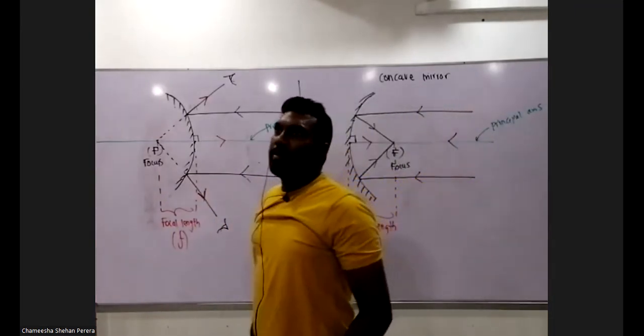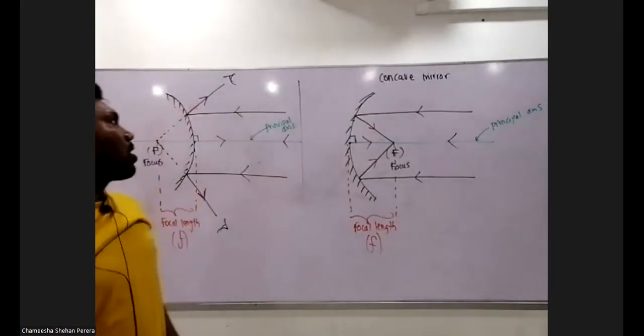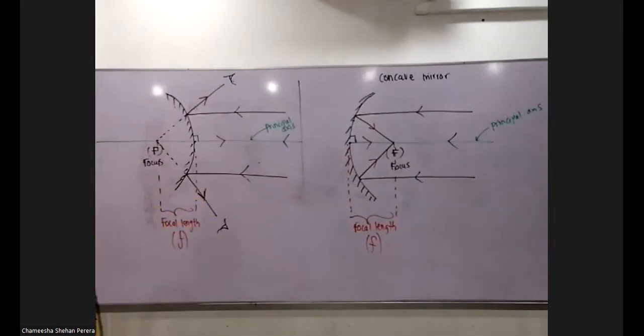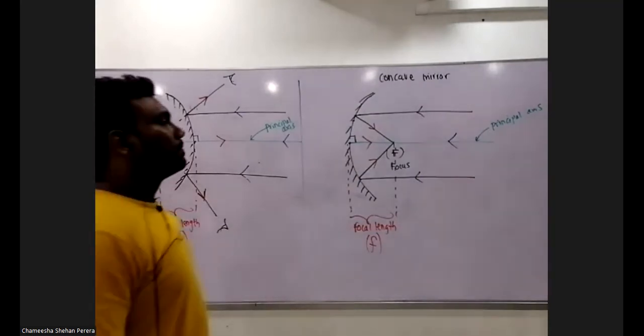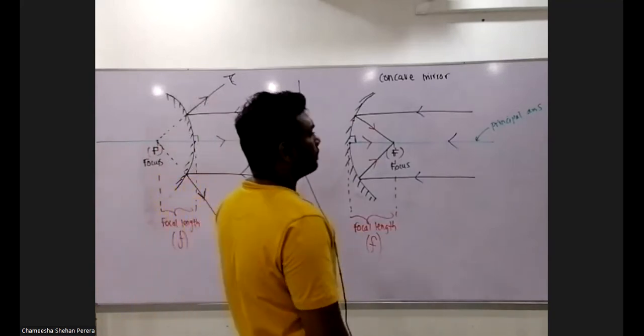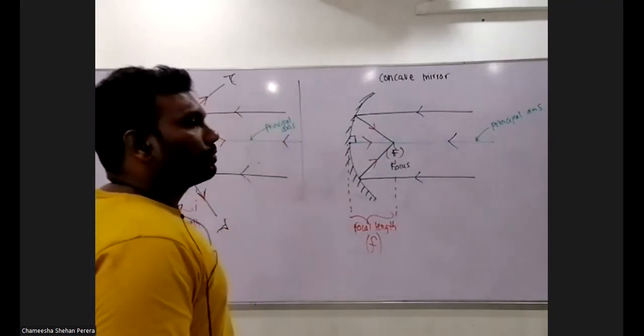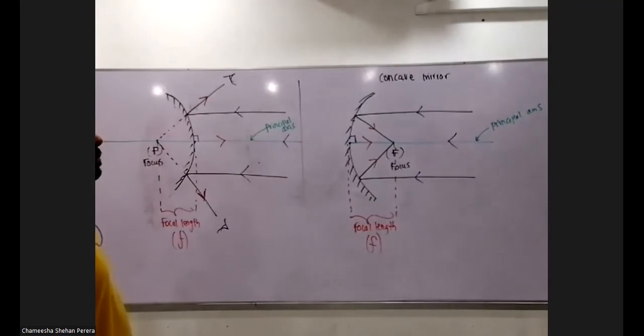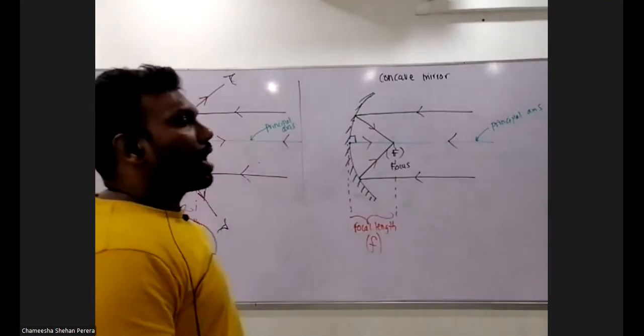A convex mirror diverges a parallel beam of light after reflection.